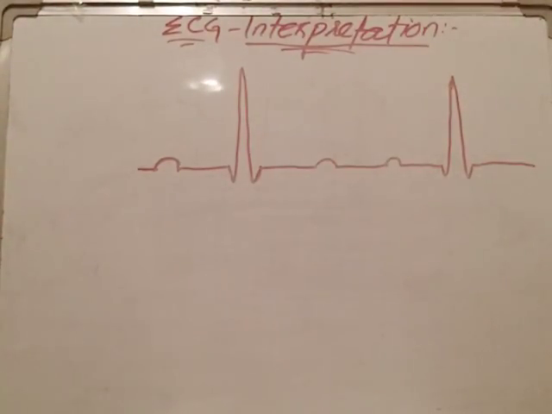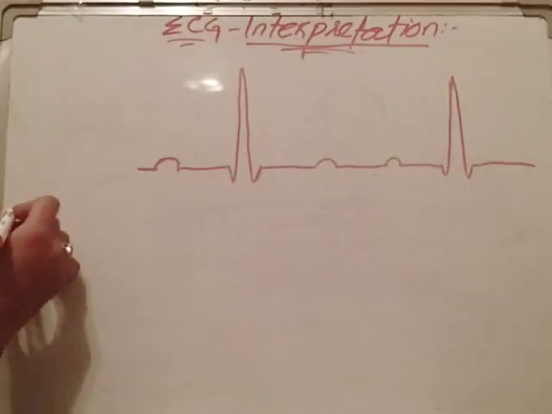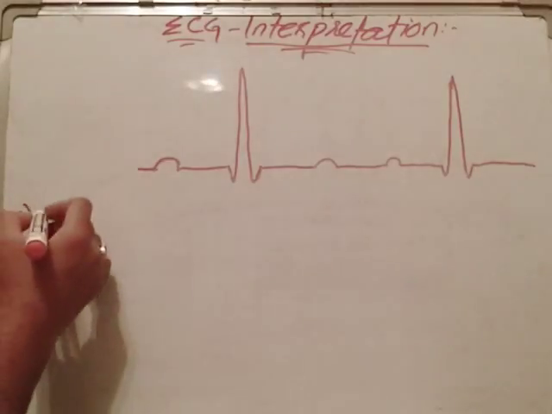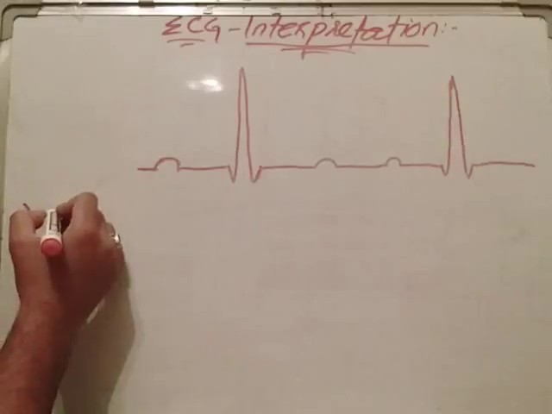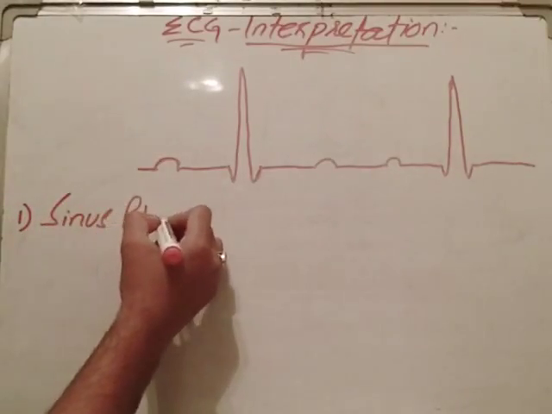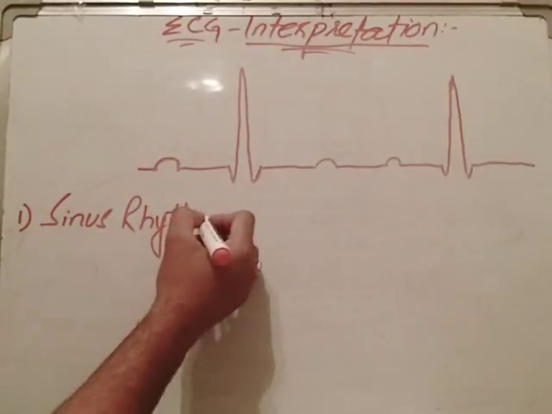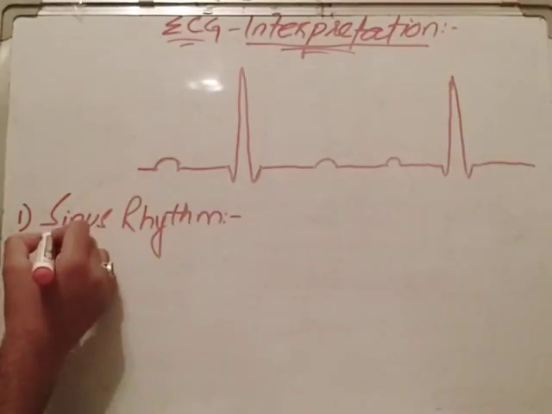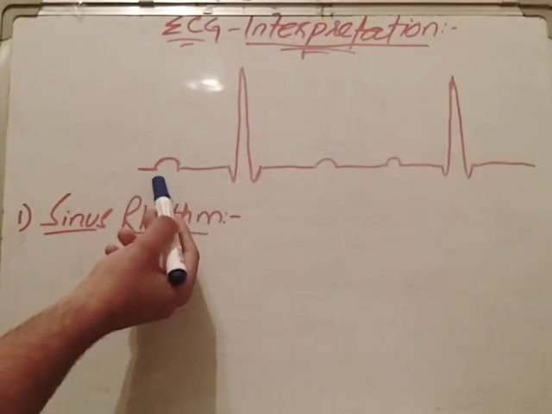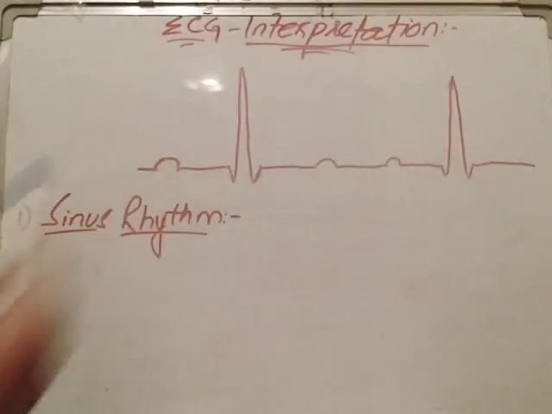So let's go through the interpretations. The first interpretation is sinus rhythm. What does sinus rhythm mean? Sinus rhythm means that if the P wave is before the QRS complex, then it is called a sinus rhythm, meaning the heart rhythm is sinus.